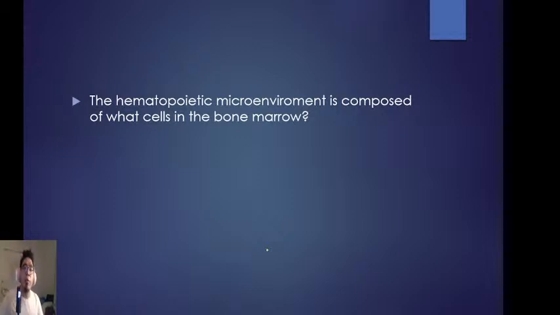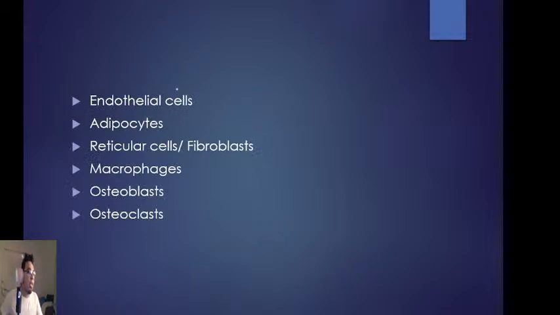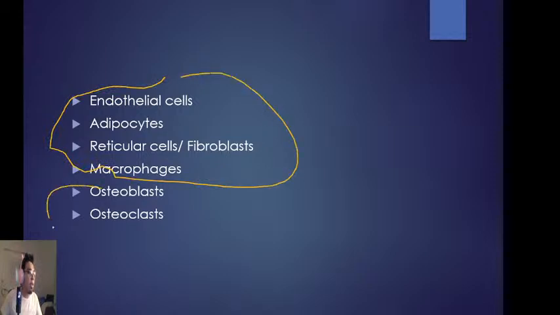We have to talk about endothelial cells, adipocytes or adipose tissue, reticular cells or fibroblasts, macrophages, and osteoblasts and osteoclasts. All of these are related to the bone marrow tissue. These last two are the bone forming cells and the bone decreasing cells.